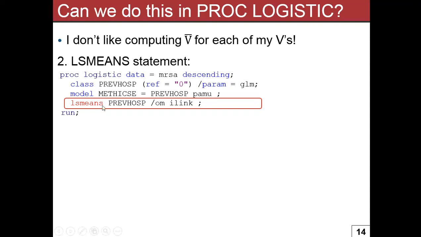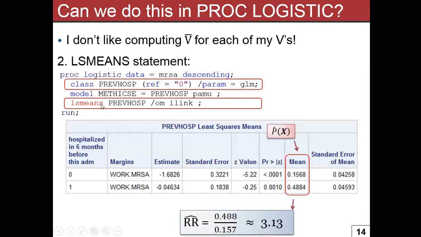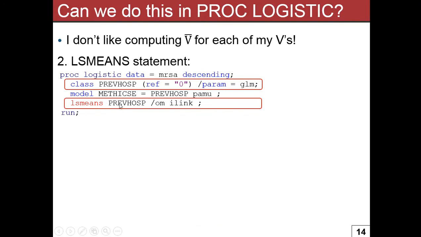And what this statement says is the following. It says, hey SAS, I want the mean value of the outcome at all levels of previous hospitalization. That's the exposure. Give me the mean value of y at every value of E. So E is 1, E is 0. So it's going to give you 2 lines.